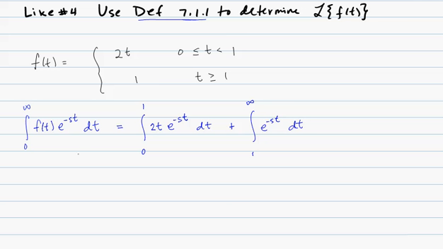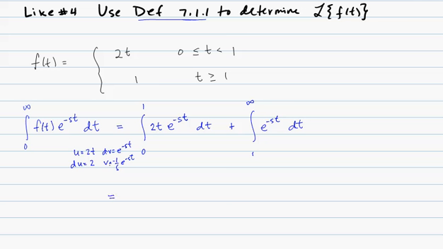And so I'm going to let u be 2t, dv is e to the minus st, so that du here is 2 and v is minus 1 over s, e to the minus st. Okay, so I'll continue on with my integral here.